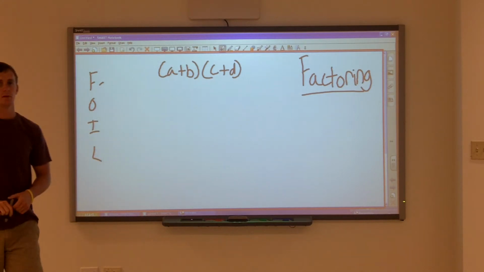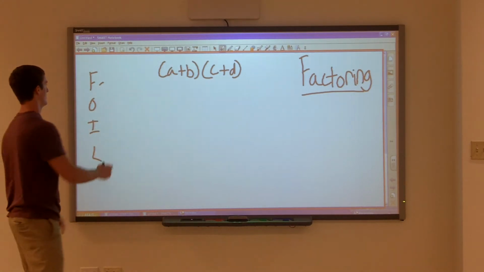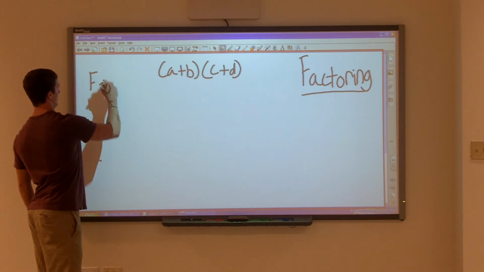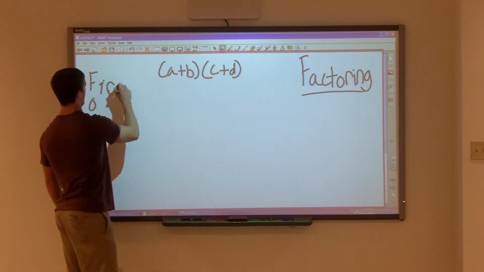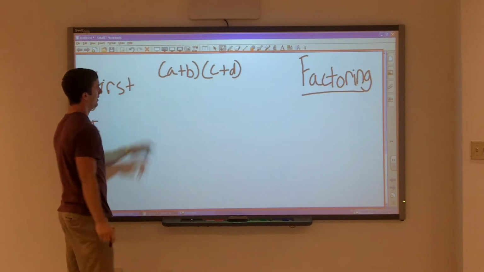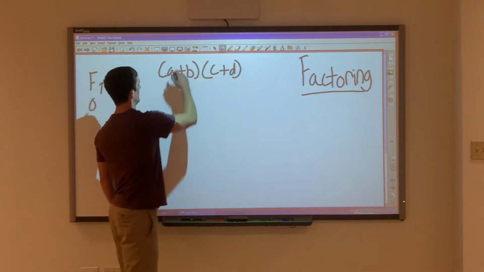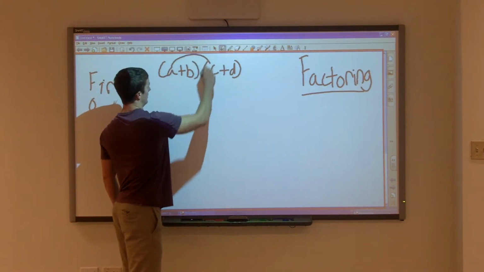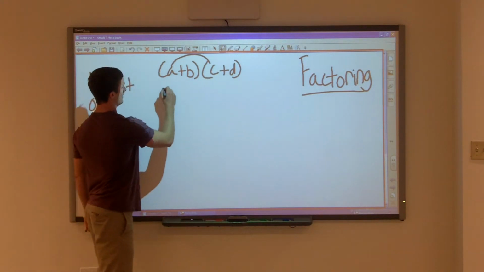The F for FOIL stands for first. So when we begin FOILing, we'll multiply our first two variables in each polynomial, which means we have a times c.